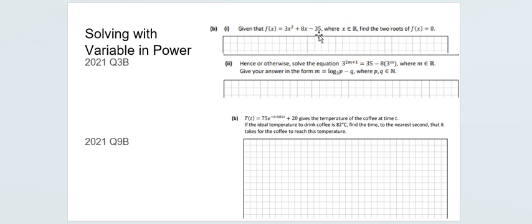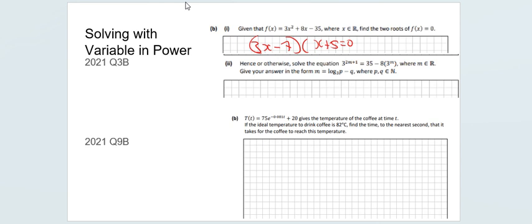So first thing for the 2021, 3b question, it's a quadratic. All it is, is a quadratic that you have to solve first of all. So when you factorize this, you get 3x minus 7 and x plus 5 equals 0.